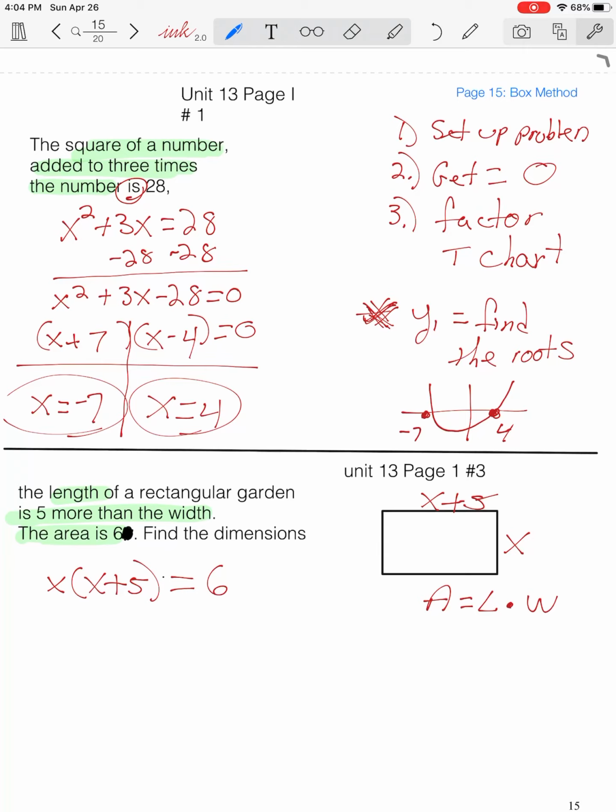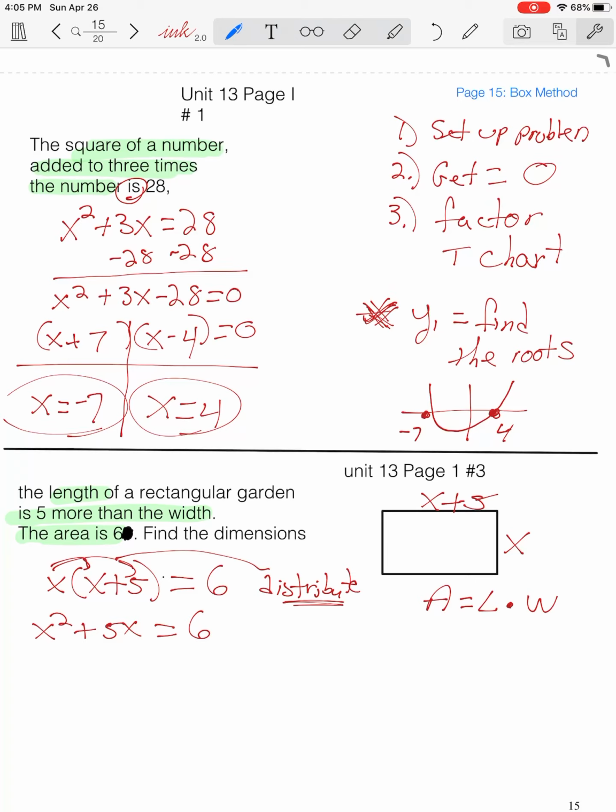You guys are now probably saying to yourself, parentheses, what's the good property? What's the first thing I must do? I must distribute before I can do anything else. So when I distribute, x times x is x squared. X times 5 is 5x, and that's going to equal 6.